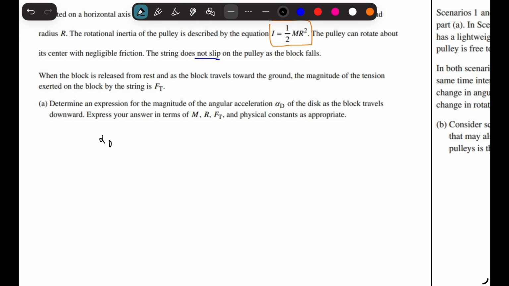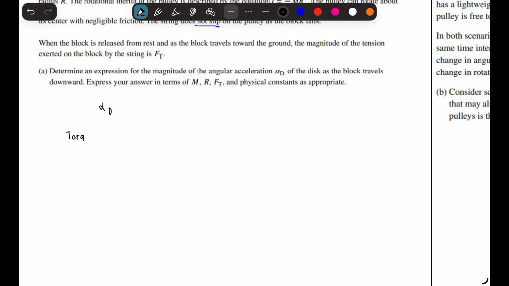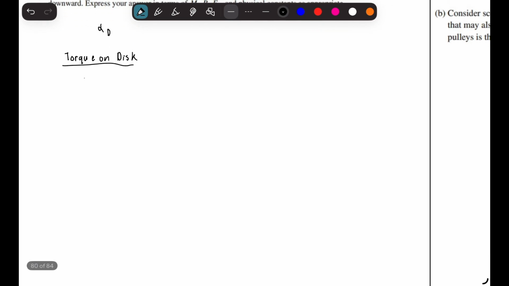So we're going to identify first the torque on the disk. The only force that's producing torque about the center is going to be the tension.